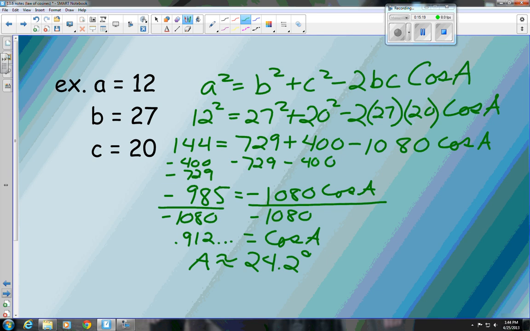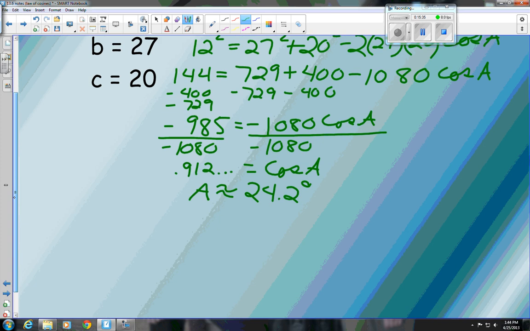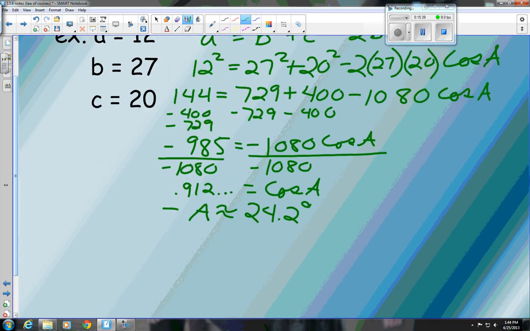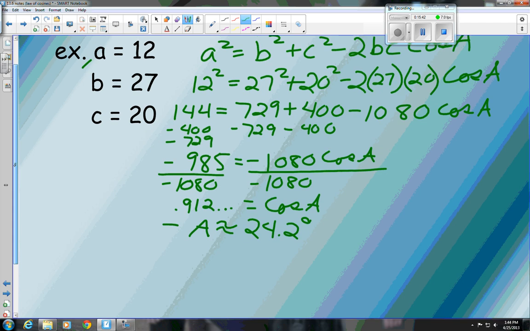I have one angle. I need to get a second angle. Now, you could use law of cosines again to get B or C, or you can apply law of sines. Which one do you want to do? Sines? Okay. For sines, I know A, so my pair is going to be with little a. I'll write it on the slide so you can keep track.